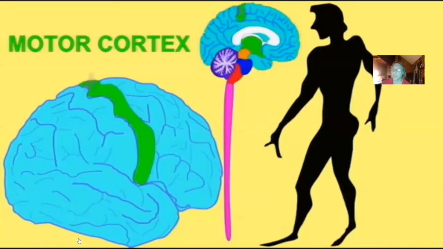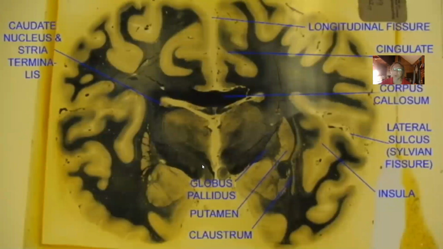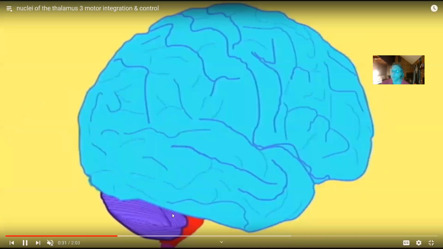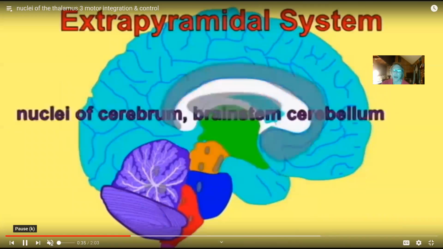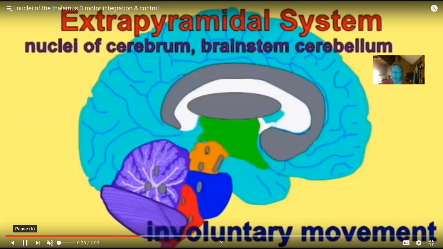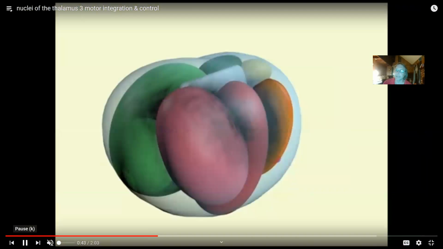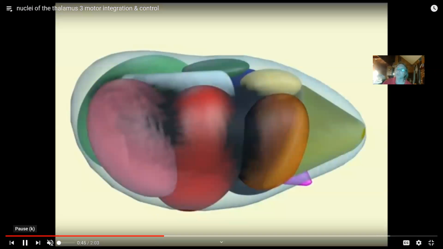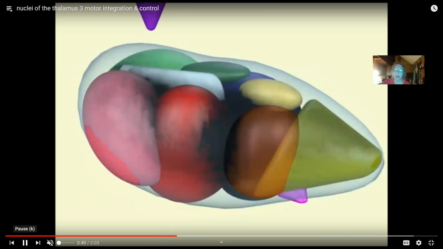But the thalamus not only serves as a relay, because these areas obviously have to talk to each other, and their connections often run through nuclei in the thalamus, but then also a lot of the areas of the cerebral cortex reciprocally connect to areas of the thalamus.